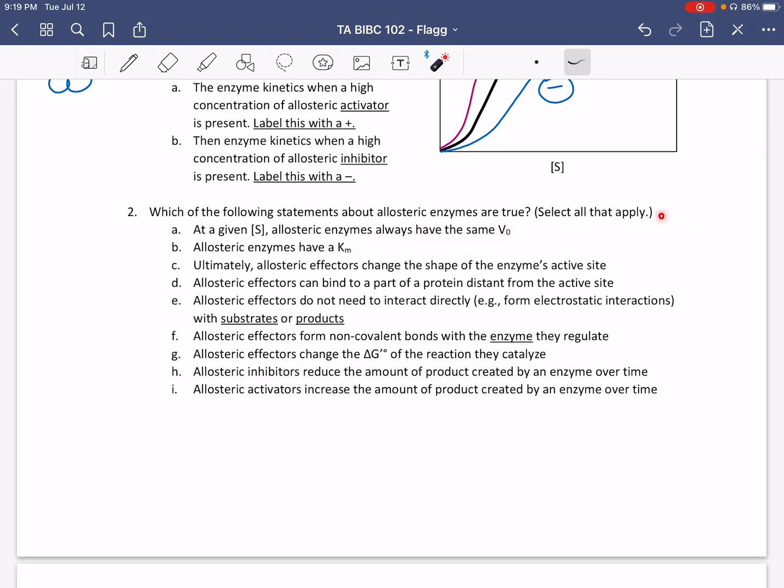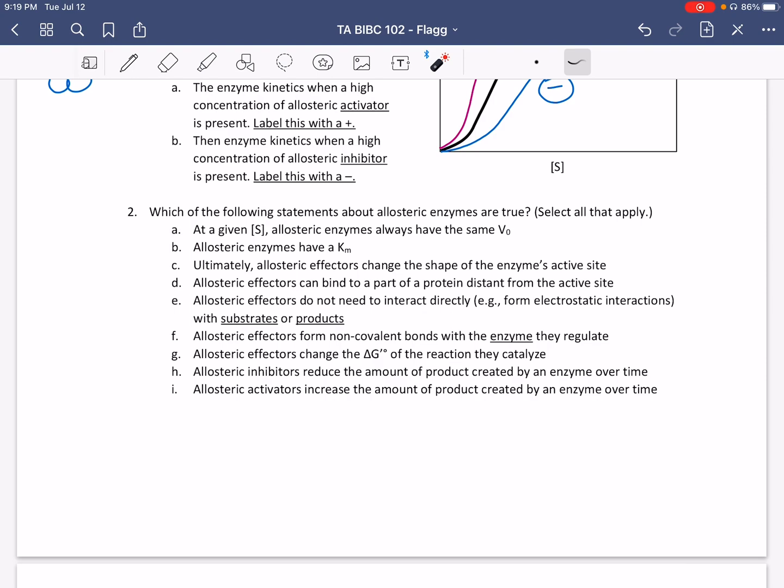I did that wrong, sorry. 1/2 Vmax is reached. And just as we said previously for question number one, the concentration of substrate at which half of Vmax is reached will not be constant. So allosteric enzymes do not have a Km. So B is also out the window.